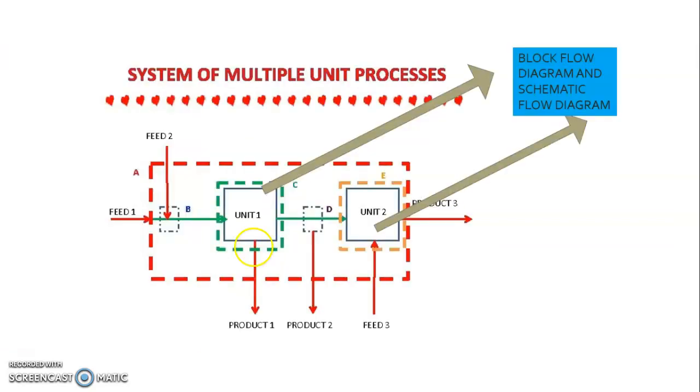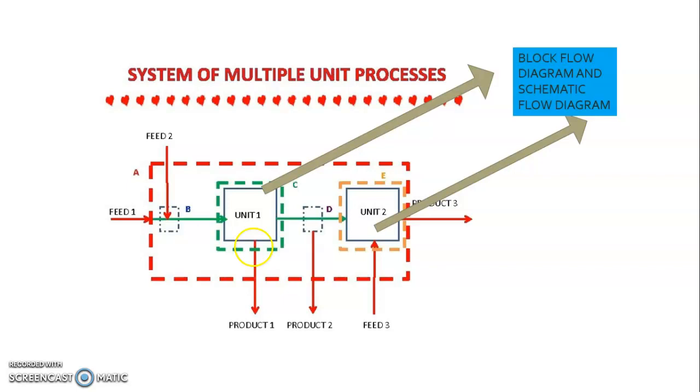So let's say you have unit 1 and unit 2. As before, there are too many PFDs, so we can simplify into unit 1 and unit 2. Under unit 1, normally we come up with what we call a block flow diagram or schematic flow diagram.